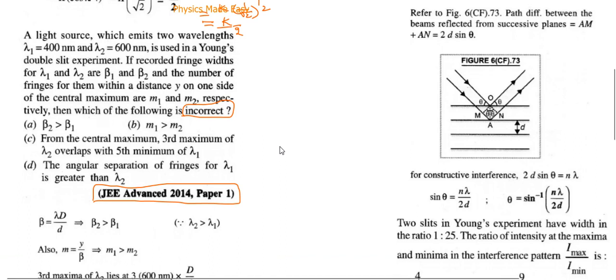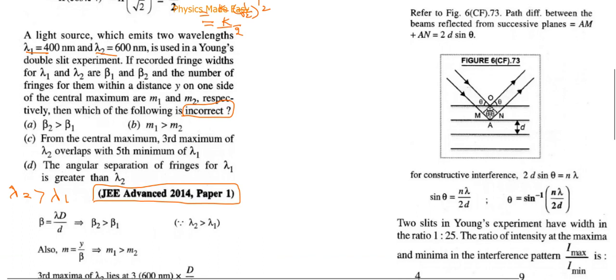So from the very statement I concluded that here this is lambda 1 and this is lambda 2. Now from here I concluded that lambda 2 is greater than lambda 1. Now this beta, I will write it here. Beta is directly proportional to lambda.